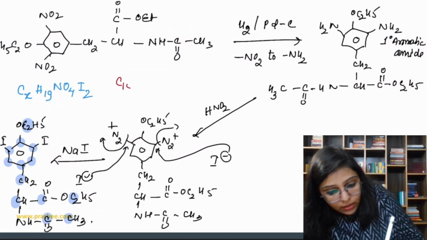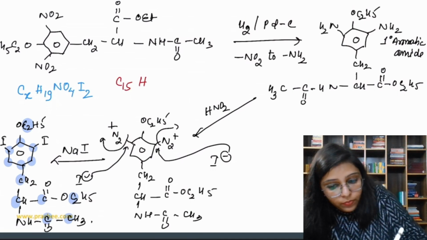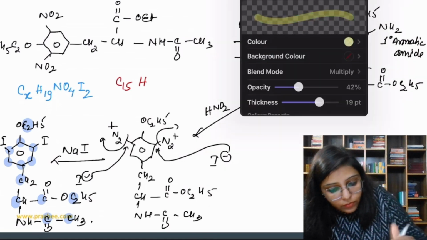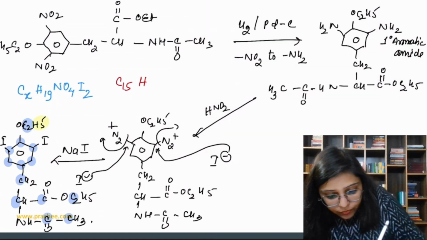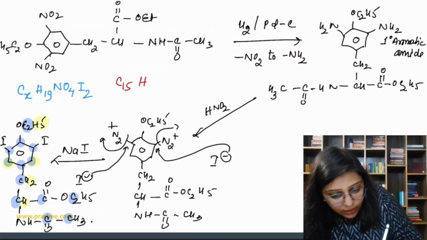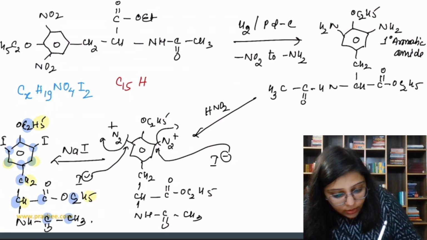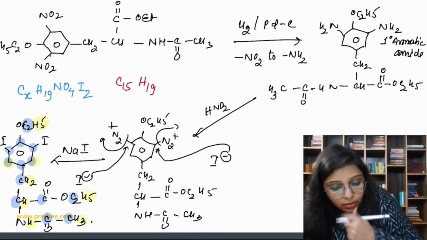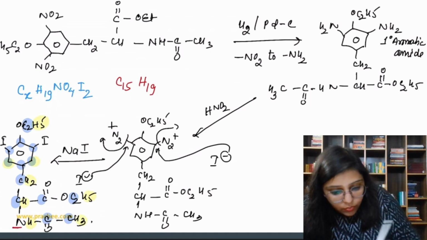Hydrogen, let me count hydrogen: 19. We have one nitrogen.